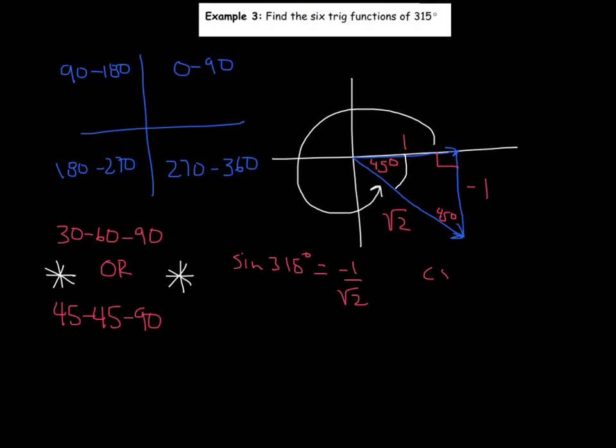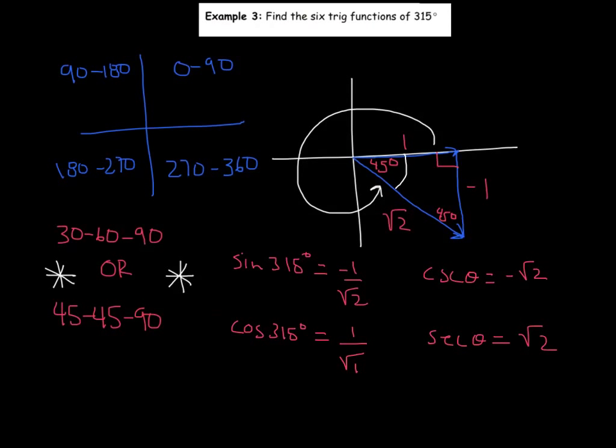and then we might as well go ahead and get the cosecant, which is the flip of that, so that's going to be -root 2. And then we have the cosine, and that's going to be adjacent over hypotenuse, 1 over root 2, and the secant is just going to be root 2.